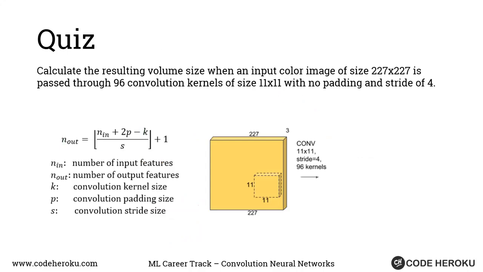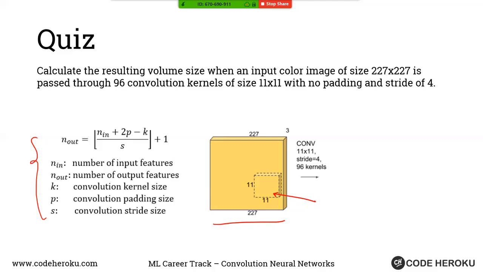Calculate the resulting volume size when an input color image of 227 times 227 is passed through 96 convolution kernels of size 11 by 11 with no padding and a stride of 4. For your convenience, I've given you the formula. This is the setup. We have this input image 227 cross 227, and this is the kernel which we are passing through the image. So this is a 3-channel image, 11 by 11 kernel.